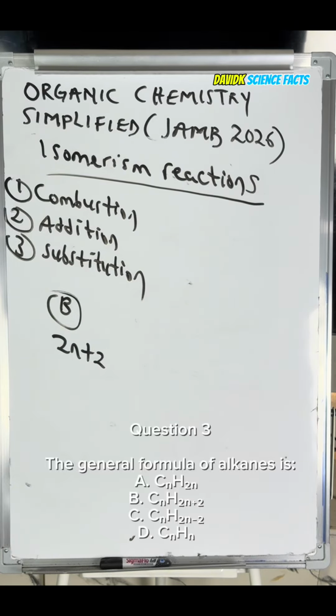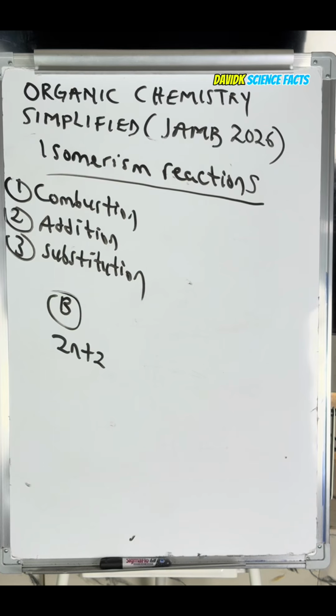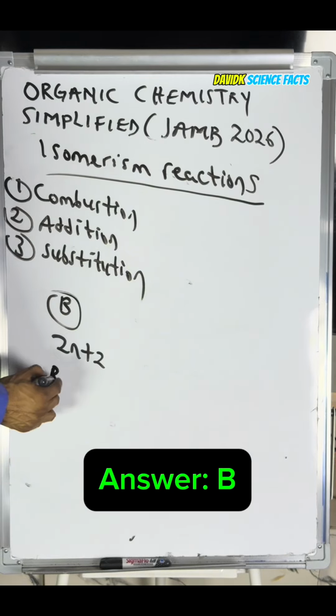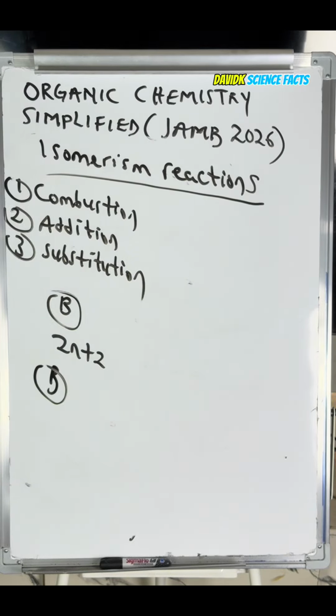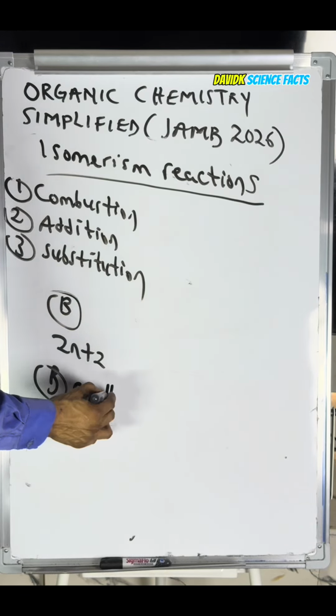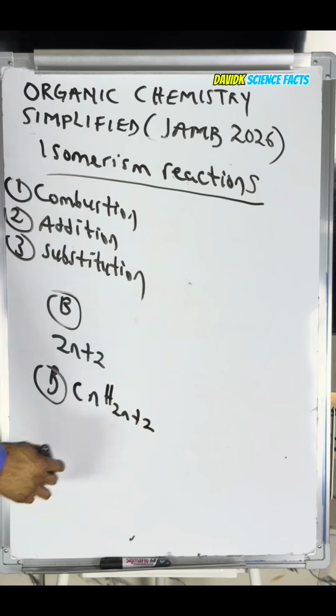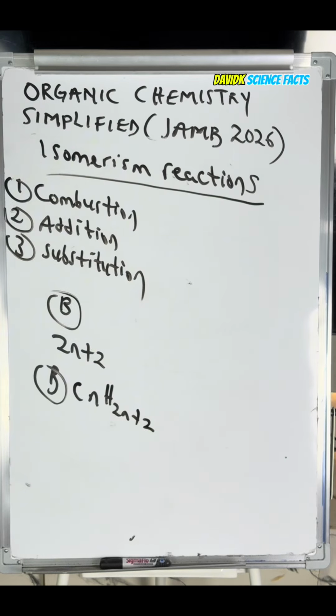Question 3. The general formula of alkanes is A CnH2n, B CnH2n plus 2, C CnH2n minus 2, D CnHn. The answer is B. Remember, the general formula of alkanes is CnH2n plus 2. Take notes. Question 4.